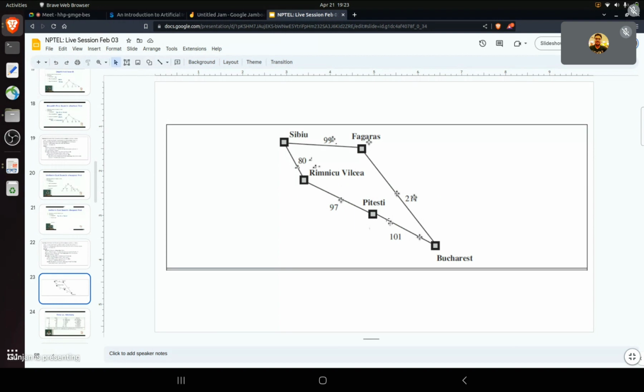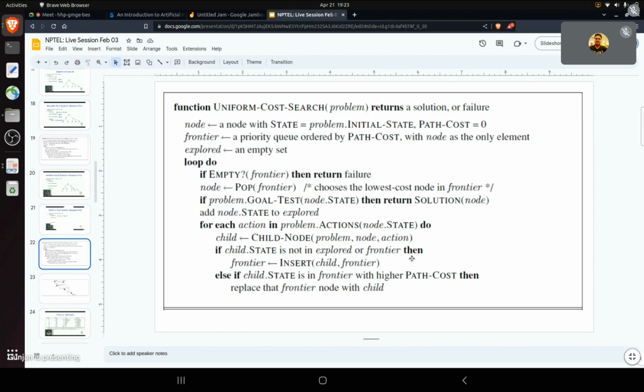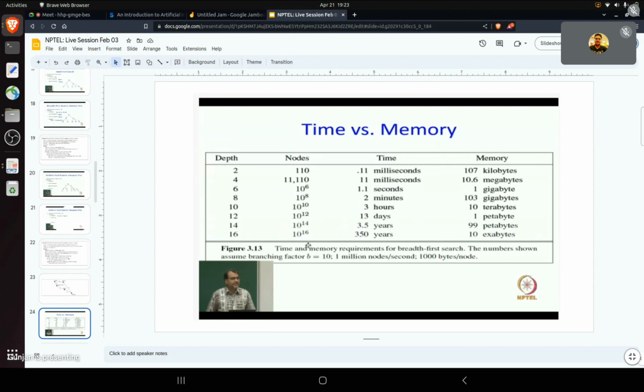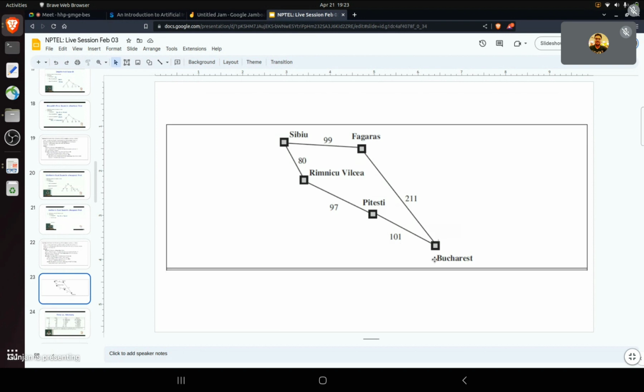But since BFS stops when it finds the goal state as a child, and does not consider whether that goal state is at optimal cost or not, UCS takes care of that. Because it might be the case that you add Bucharest with a cost of 301.